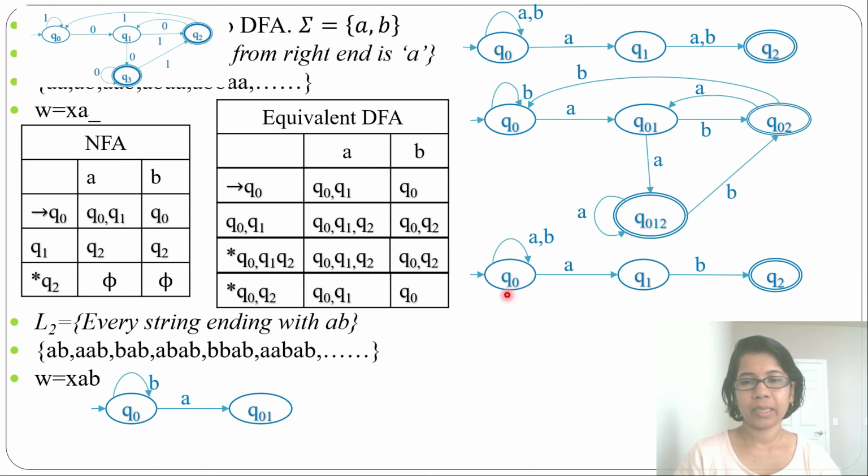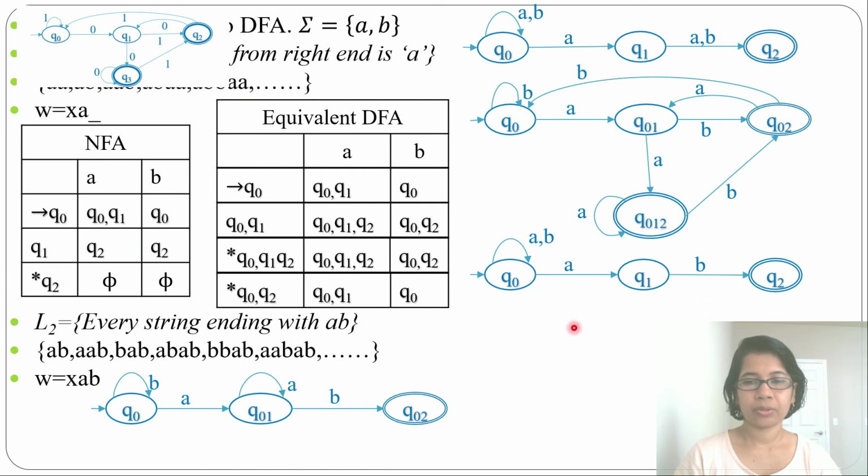From Q0 by A it goes to Q0, Q1. From Q1 by A there is no transition, so it will be a self loop of A. From Q0 by B it goes to Q0. From Q1 by B it goes to Q2, so we'll create a new state Q0, Q2, and by B it will go to Q0, Q2.